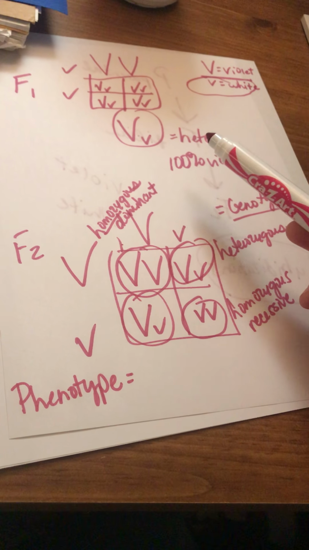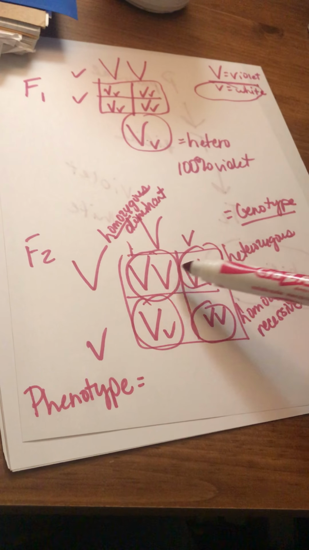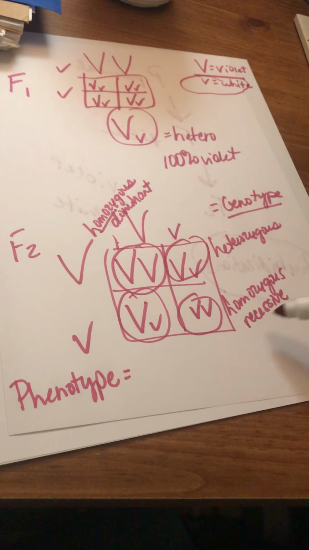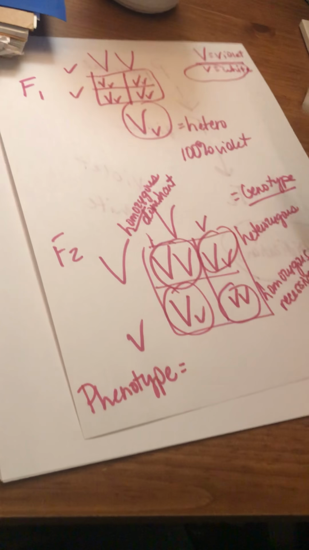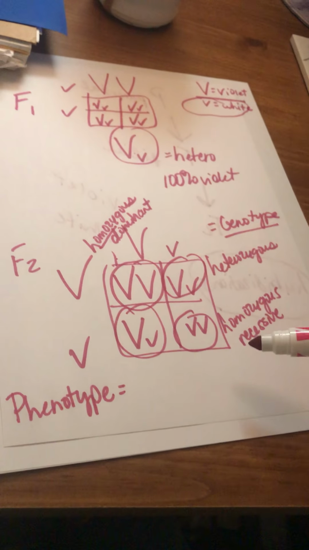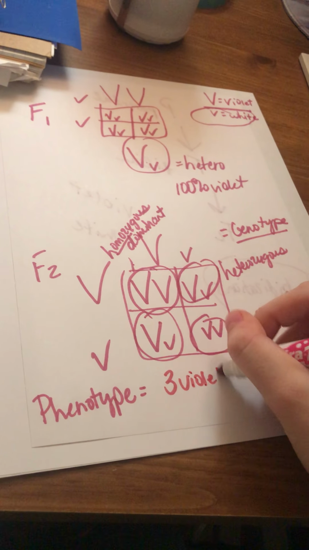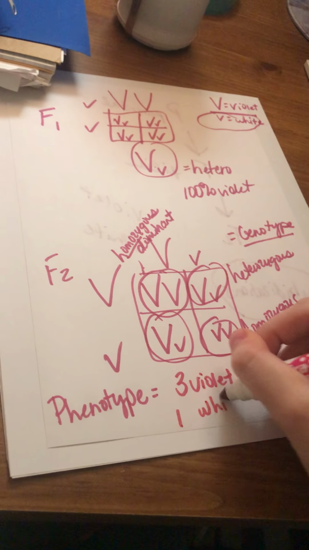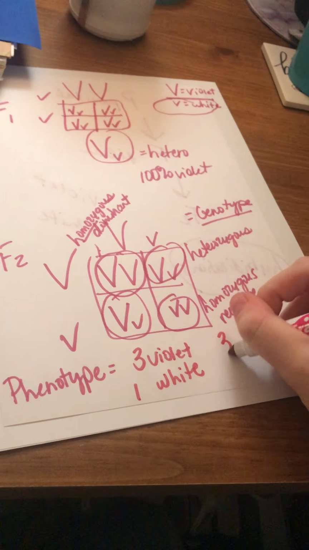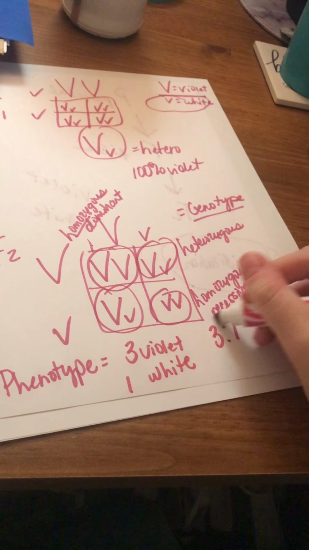We know that heterozygous takes the dominant form also, so violet, violet, violet. And this is homozygous recessive. There's no violet, it's only white. So we have 3 violet and 1 white, which gives us a ratio of 3 to 1.